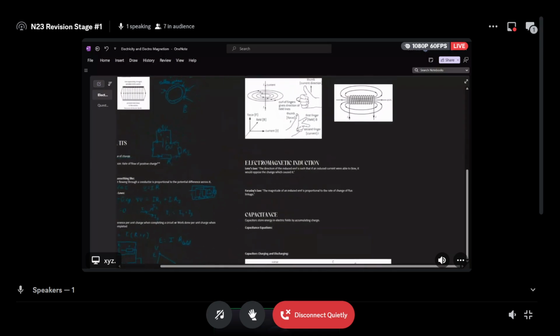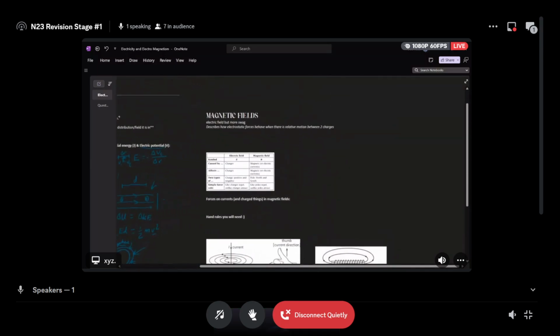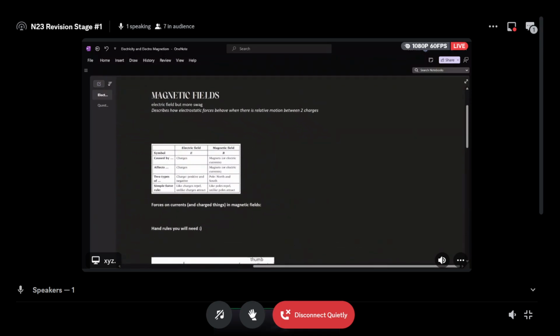Magnetic fields are electric fields, but with more swag. What I mean by this is they describe how electrostatic forces behave when there's relative motion between two charges.